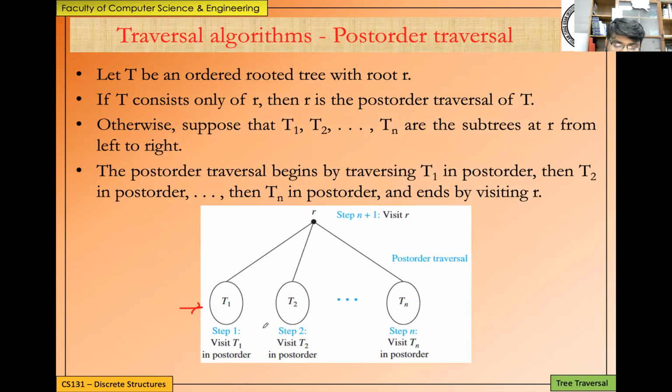So in each step, we are visiting the children first until it's a leaf. And if it's a leaf, we just return. If T consists only of R, then R is the post order traversal of T. Otherwise, you move into each subtree, determine each subtree. We first traverse all the subtrees in that order, and finally we return the value R. So in post order traversal, R is the last value that needs to be printed.